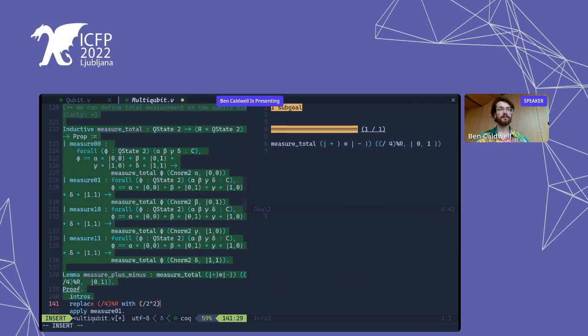Over 2 squared. Square root. No, it's squared. I'm so sorry. But you are going to have to say C norm, because that's what it wants. C norm 2 of this.